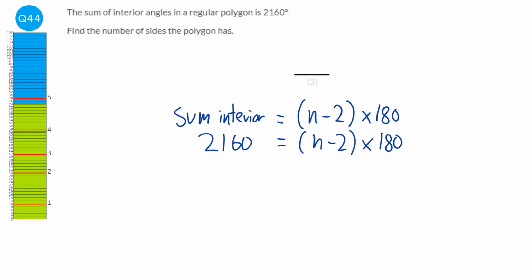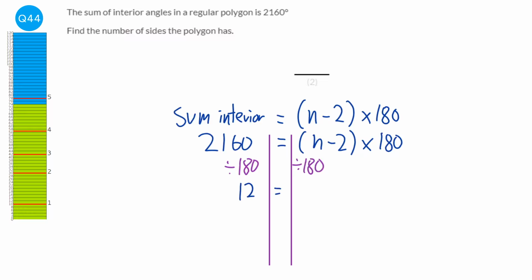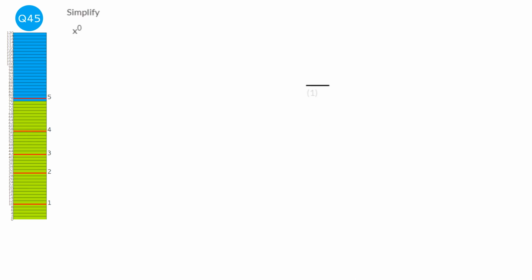So we're going to do a bit of solving. Not too difficult. We're going to divide by 180 both sides, and that will give us 12, and then we're going to add 2 both sides, and that would be 14. So the amount of sides is 14.